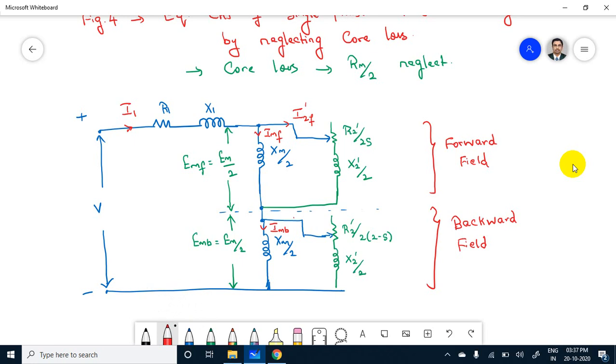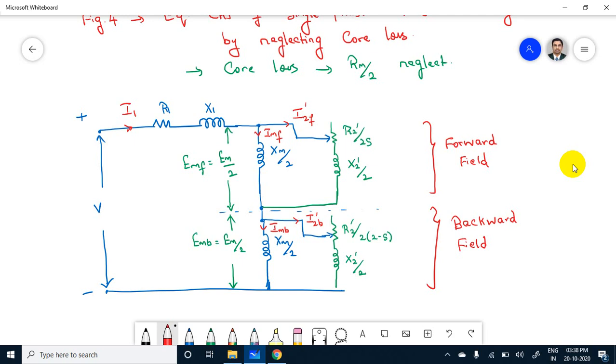Okay, so the current will be flowing here I2 dash B. So this is the equivalent circuit of a single phase induction motor in running condition by neglecting core loss. Okay, by neglecting the core loss.